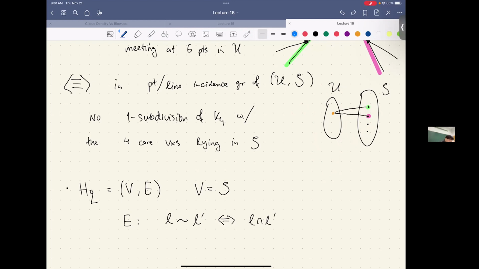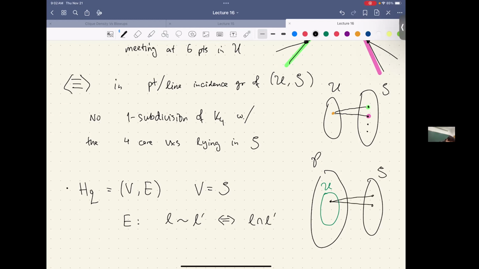Let me draw a different picture maybe. So this is P. This is U. Now we care about S here. For every 2 lines, if their intersection point is here, I add an edge. And if, for example, you have 2 here whose unique intersection point is outside of U, I don't put an edge.